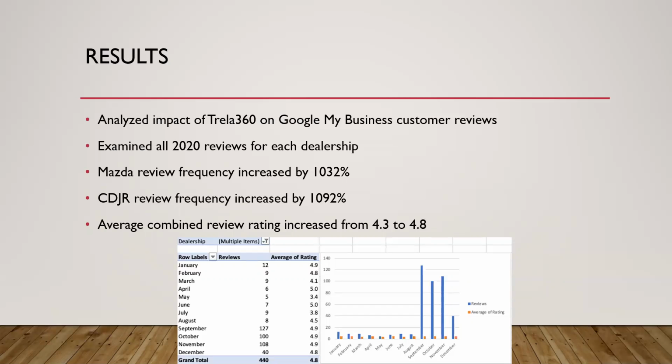And as you can also see, the sentiment is near perfect. We got 4.9 ratings on almost everything. So it not only increased the sentiment overall from 4.3 to 4.8, but the Mazda review frequency increased by, you're reading that right, 1,032%, and CDJR is 1,092% per month on average.